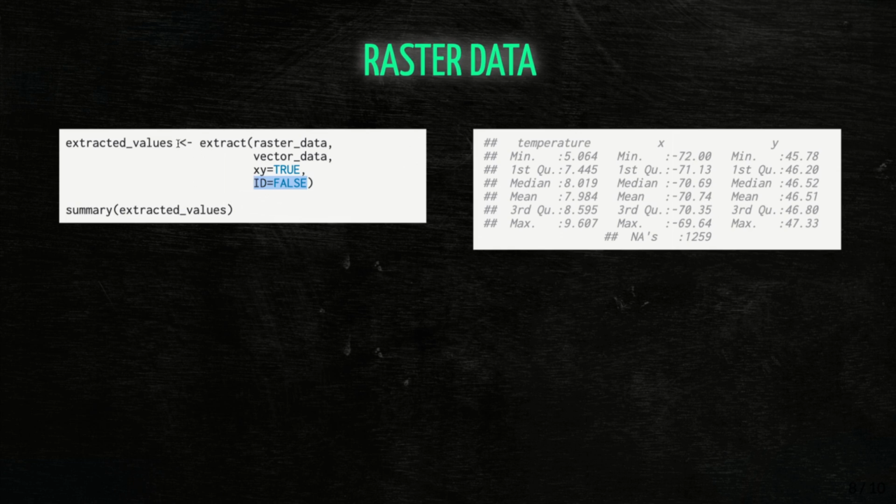So this function gives me a data frame, and if I want to see the summary of this data frame, that gives me a data frame in which I have longitude, latitude, and a temperature column with individual data.